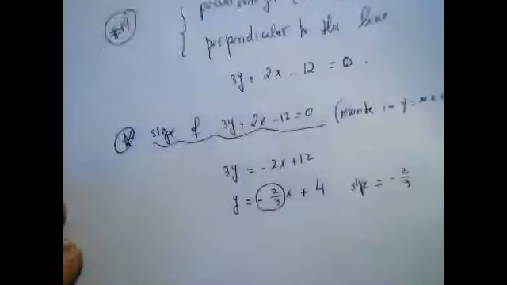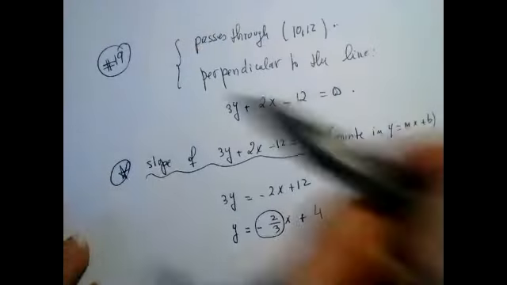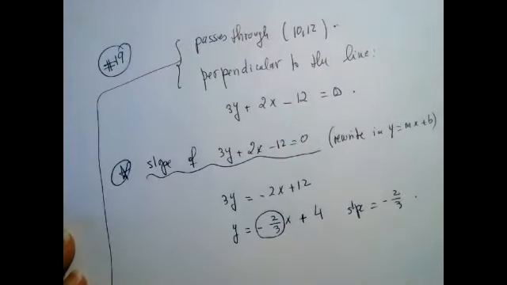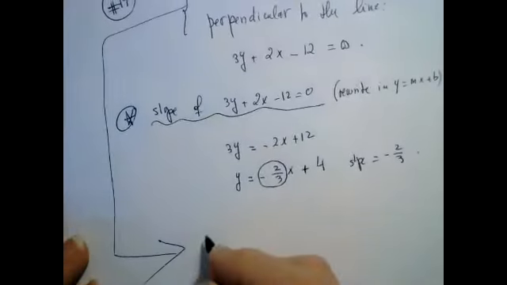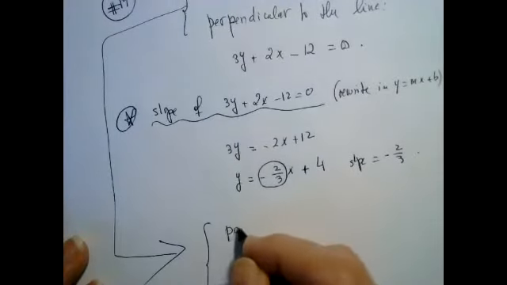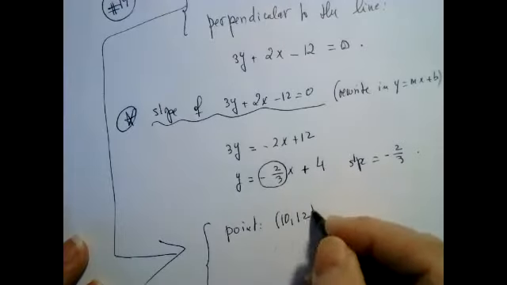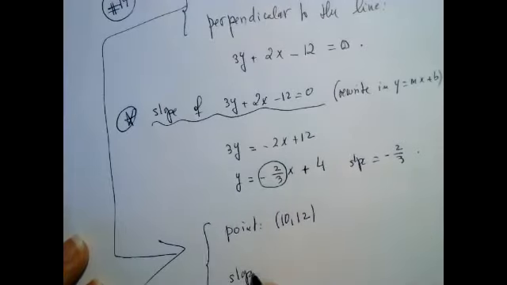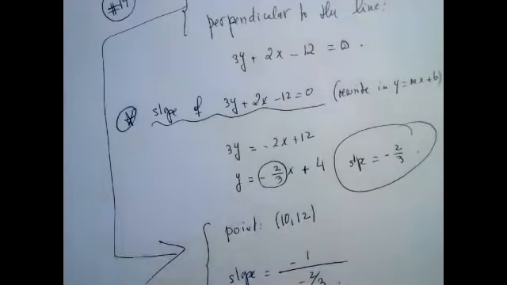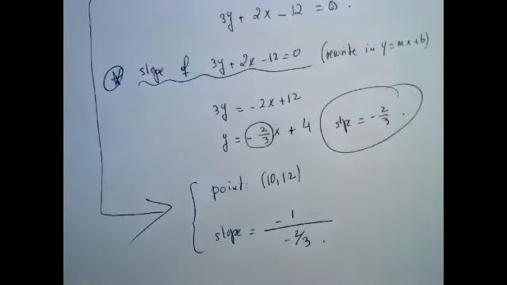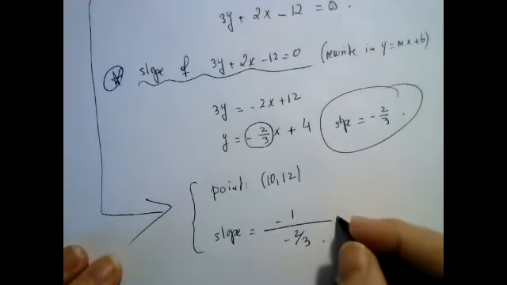That's not the line that I'm interested in. That's the line I'm interested in. So now let us go back to this line. The point is (10, 12), and the slope is -1 over -2/3. So this is going to give me how much?